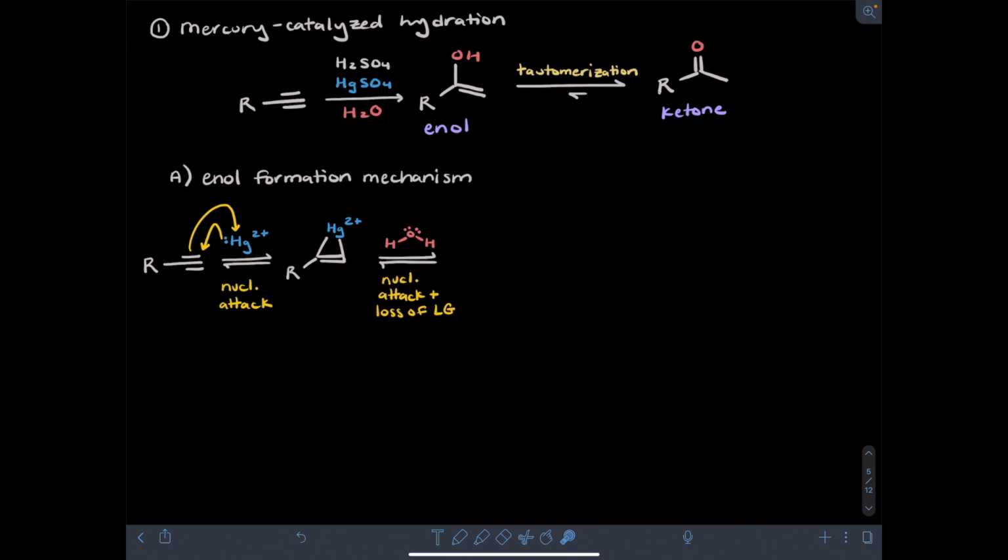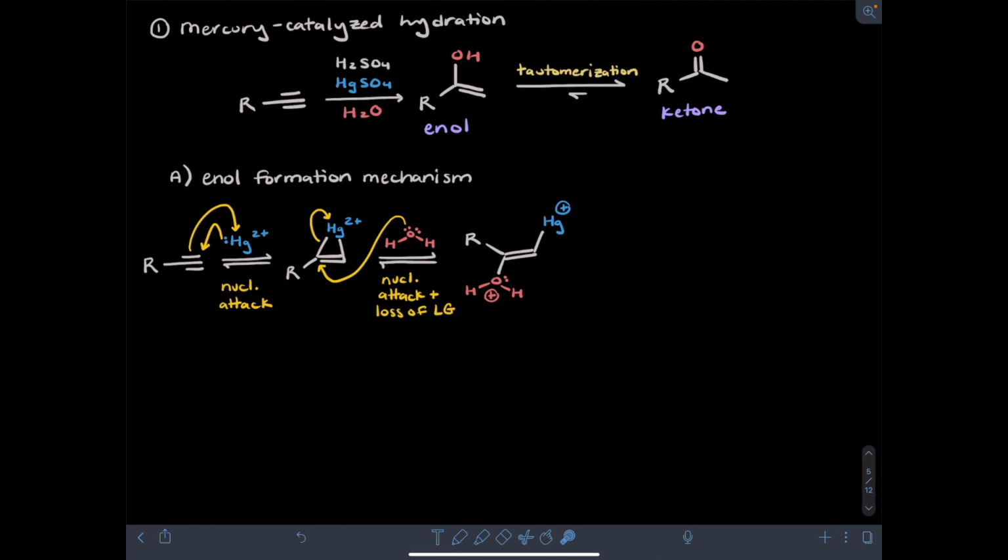I'm going to have a nucleophilic attack and loss of leaving group, and I'm going to use the water as the nucleophile. I'll bring in the nucleophile to the more substituted carbon, and break that carbon's bond to mercury in the same step. This is opening up that three-membered ring.